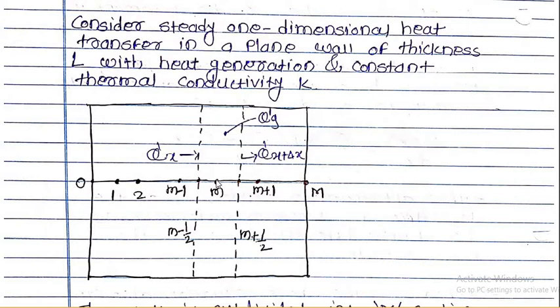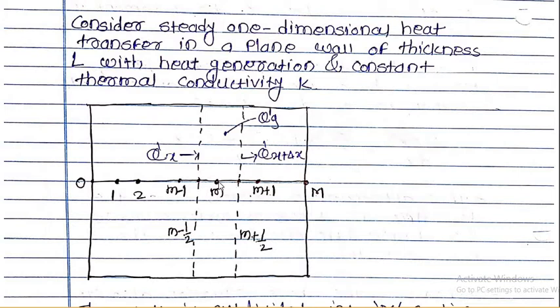These are the nodes 0, 1, 2, m minus 1, m, m plus 1 up to M. These are called nodes. Here we have to remember that the property of one node, if you consider the property of node m, will be the same up to m minus 1 and up to m plus 1.